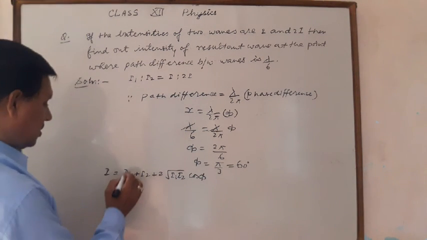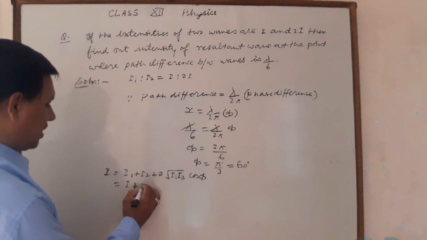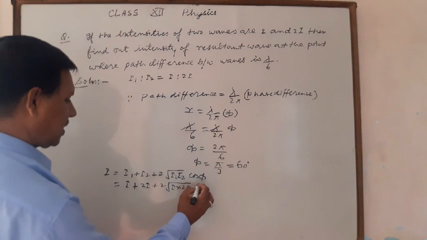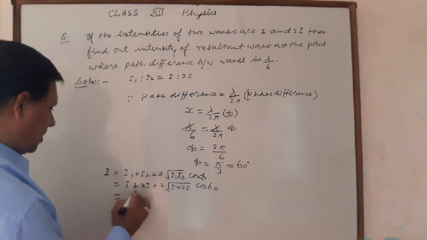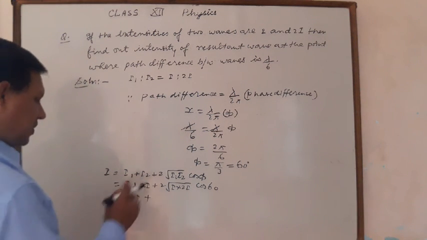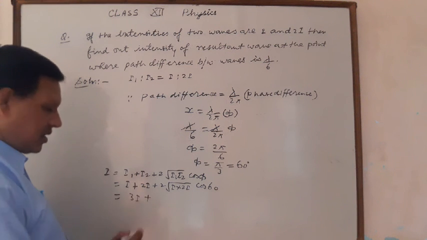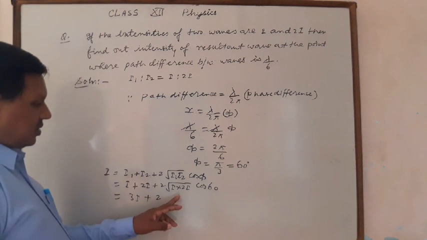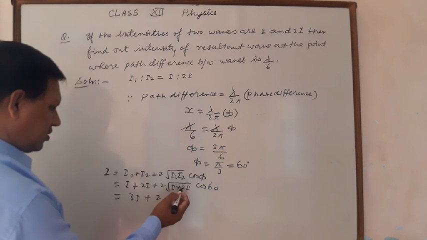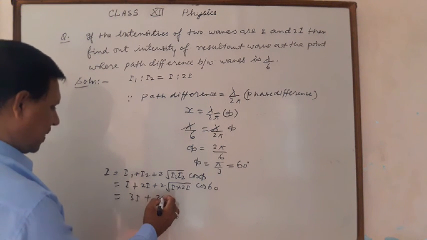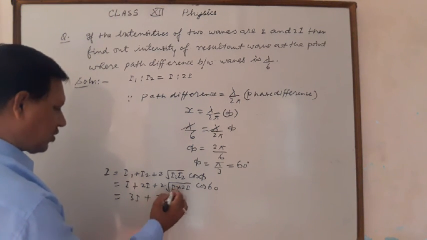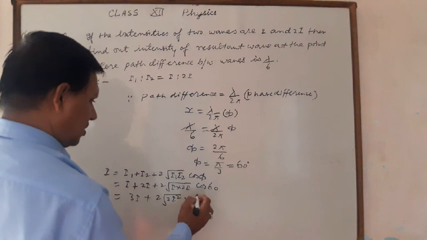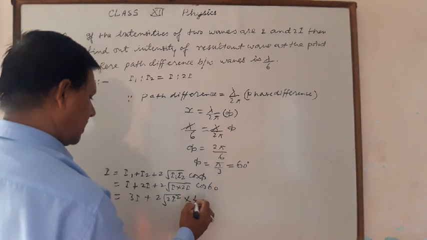Here we put the value of I1 as I, I2 as 2I, plus 2 under root I into 2I cos 60, and this becomes 3I plus 2 into, under root, 2I square, and the value of cos 60 is equal to 1 by 2.